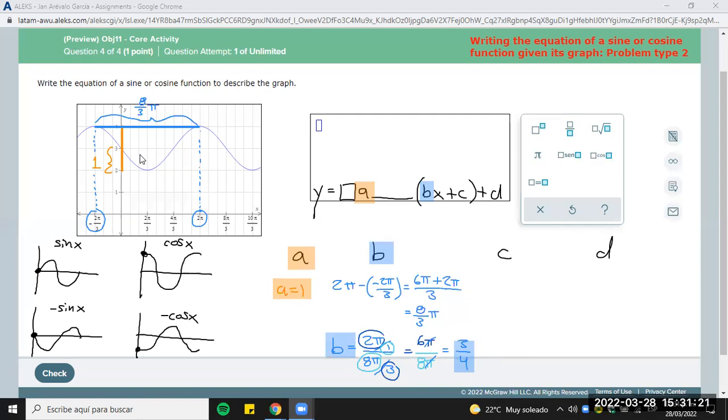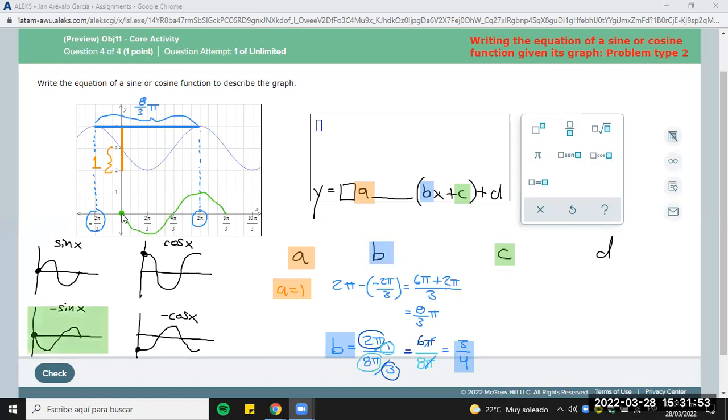All right. Now C. C is the number that creates a horizontal shift, a horizontal phase shift. That's what we call it, right? Notice that in my function, I only have a vertical shift because I moved the wave function down, and I didn't do any horizontal movements.